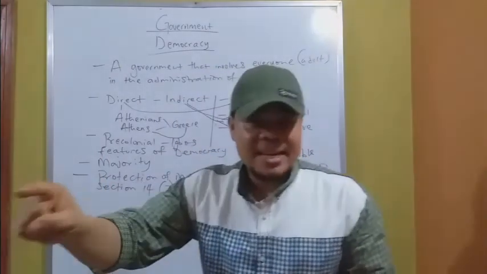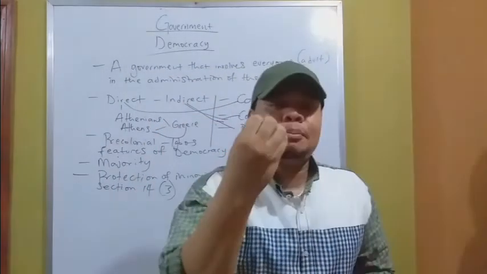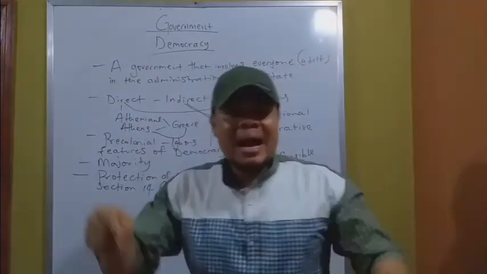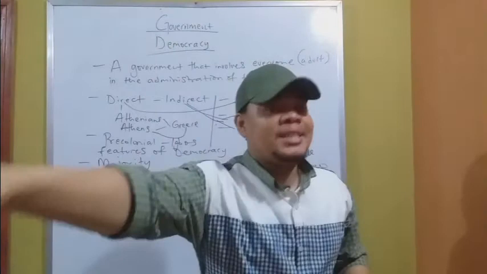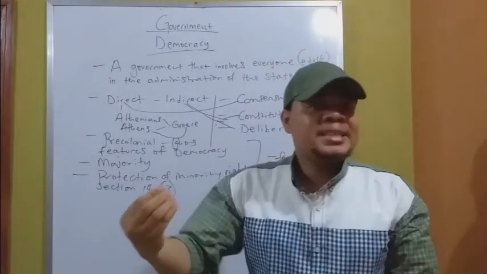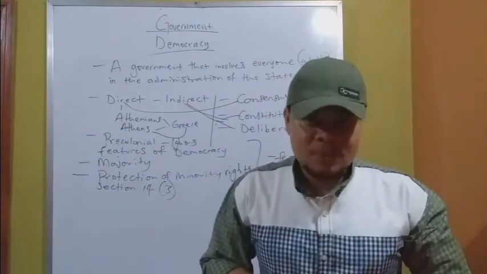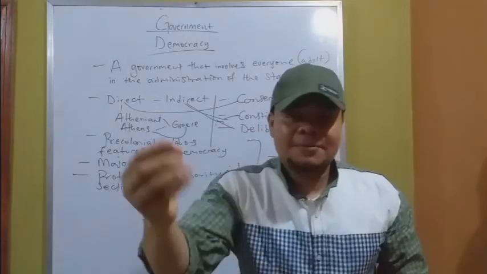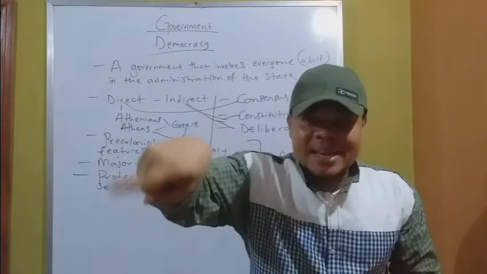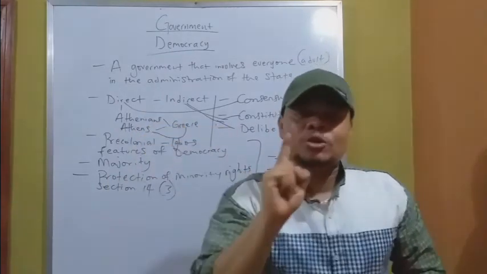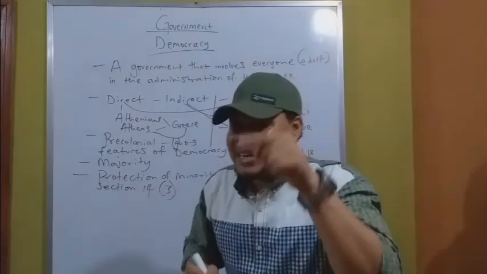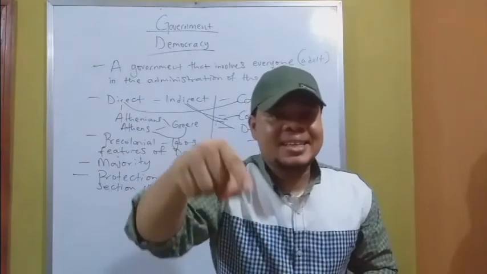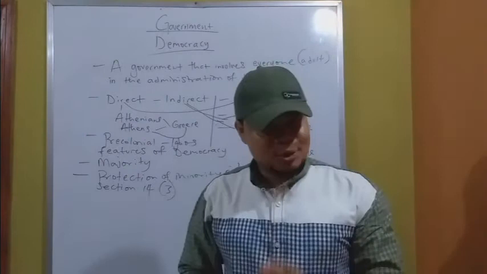What this means is that the government must be composed of both members of majority ethnic groups and members of what? Minority ethnic groups. Also, the agencies of government like EFCC, ICPC, NAFDAC must have members of staff from across the different ethnic groups of Nigeria, to the extent that no ethnic group should be seen as dominating government or dominating the agencies of what? Government. Do you understand me?